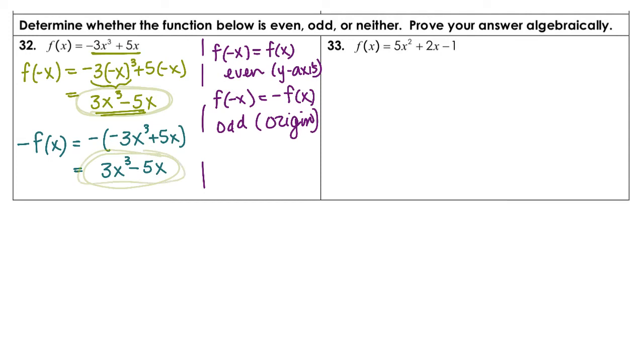That's the test to see if you were odd. And notice that we did get back the same exact equation. So that tells me that this function is an odd function, and it also tells me then that we are symmetric about the origin.